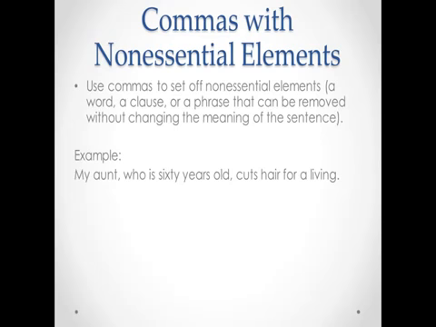Is it essential to have the words "who is 60 years old" as part of the sentence? If I removed that information, would it still make sense? Would it have the same meaning? And it would. If I read this, "My aunt cuts hair for a living," it would still make sense. So "who is 60 years old" is non-essential. It's a non-essential element.